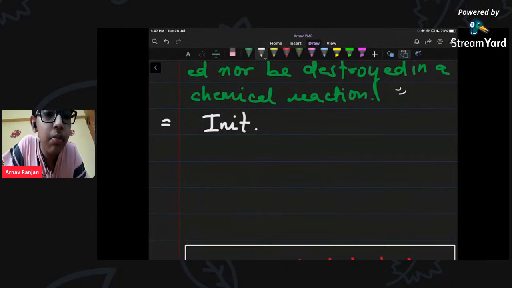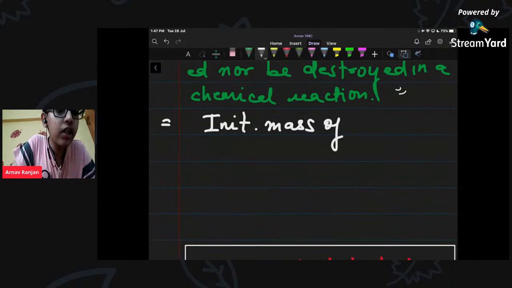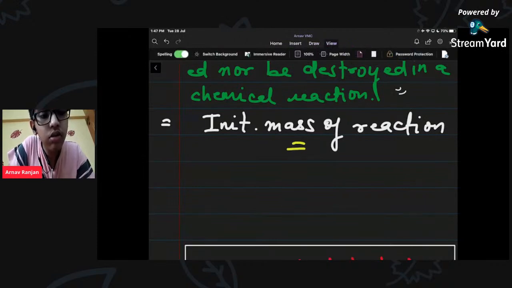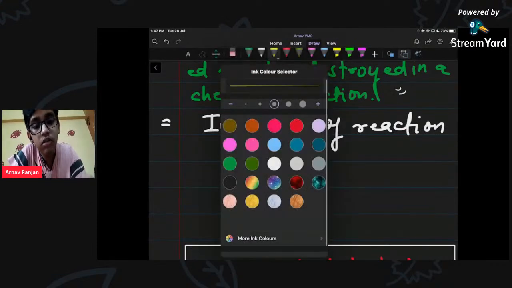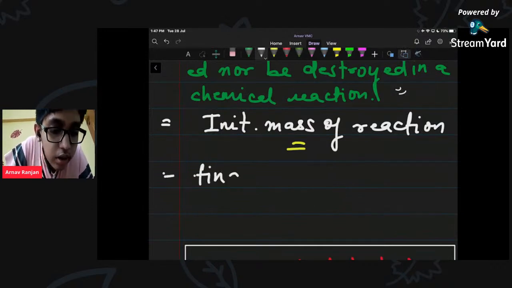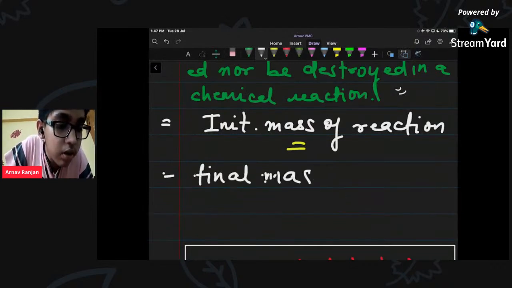Initial mass of reaction is equal to final mass of reaction.